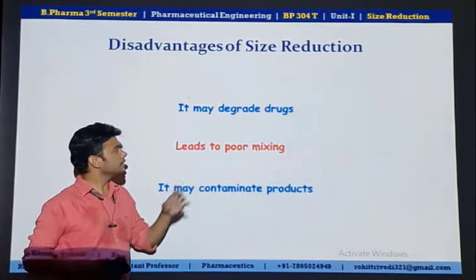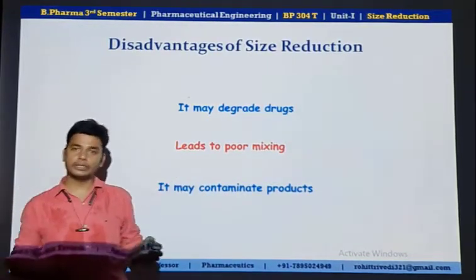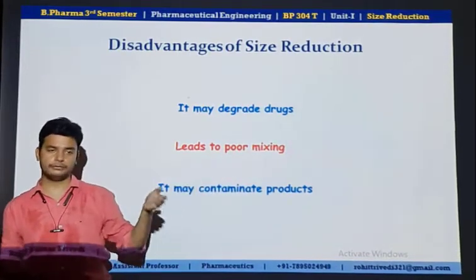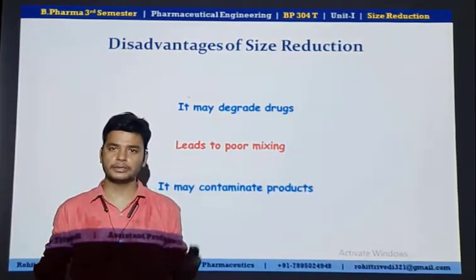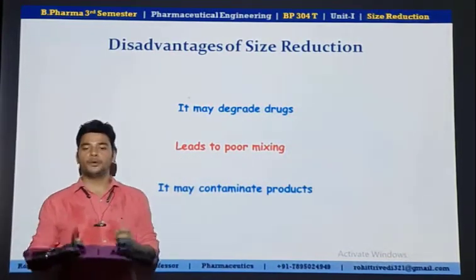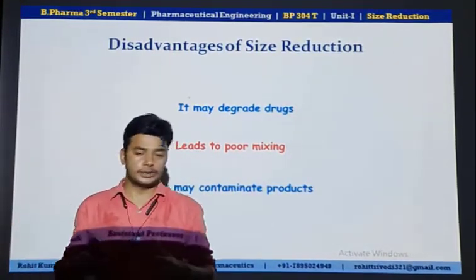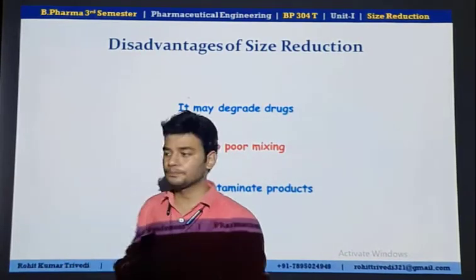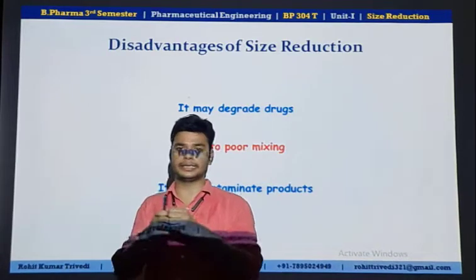The second one is, if we are reducing the particle size, obviously the efficiency of the mixing process that we use in the processing of pharmaceutical products will be very poor. Generally what happens is, if we are reducing the particle size, the cohesive force of the particles increases.